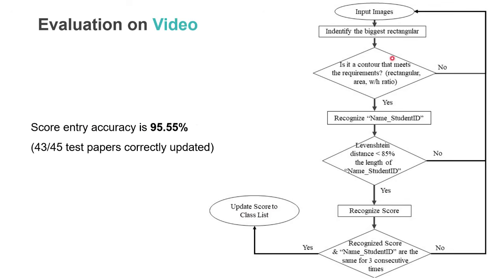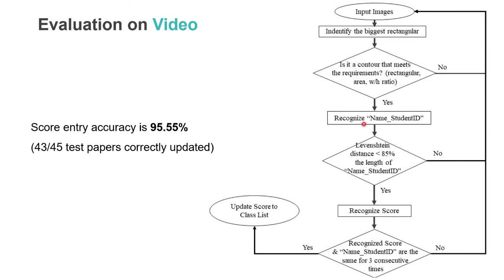So I can use a lot more criteria with the image pre-processing. Like you remember the biggest rectangle, okay? We can use criteria of the edge, of the area, of the ratio, or maybe use the criteria of the name and student ID recognized.